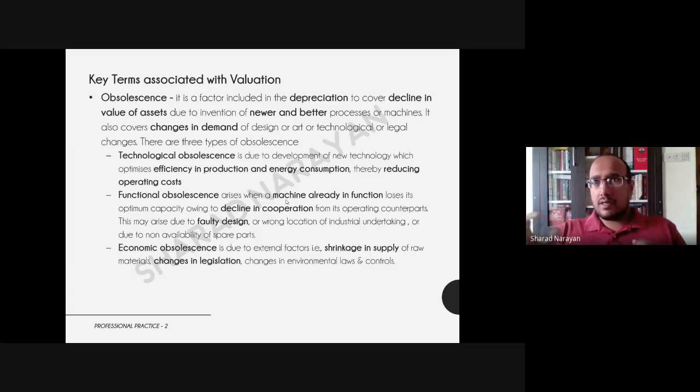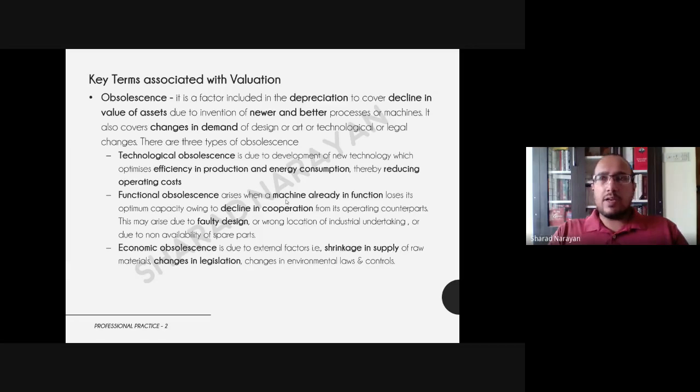What happened was that your functionality is completely impaired. Correct. So as a result, you don't have the necessary supply chain which is important for you to conduct your business, right?